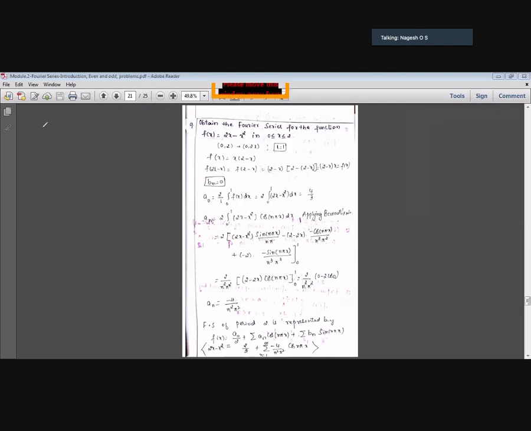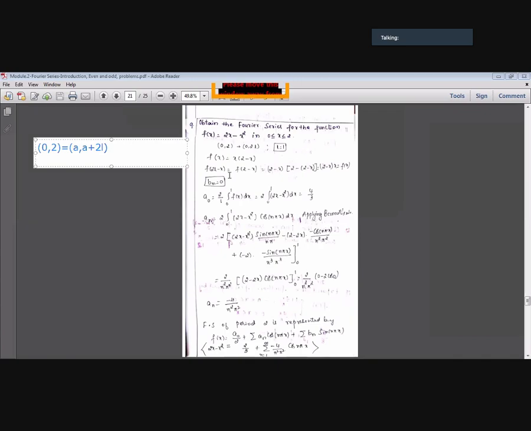With what is given, limit 0 comma 2, compare this with A comma A plus 2L.